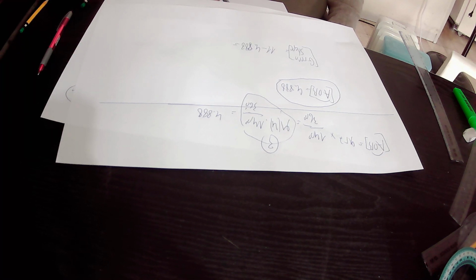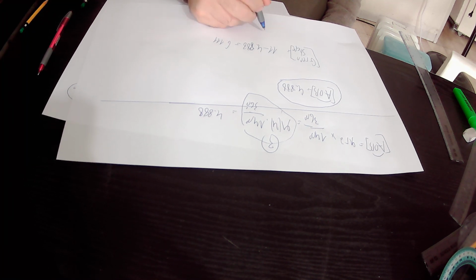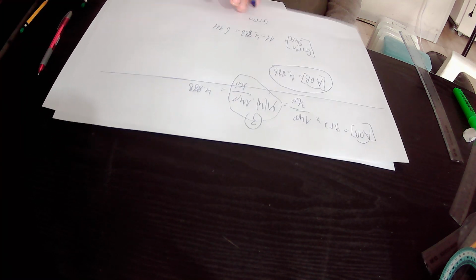And 11 minus 4.888 is equal to 6.111 square units.